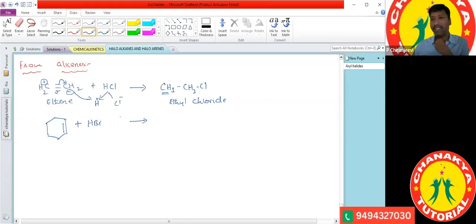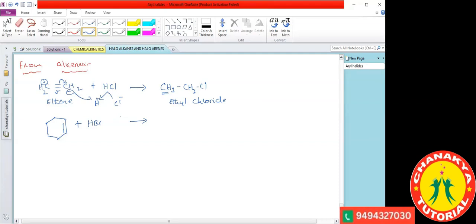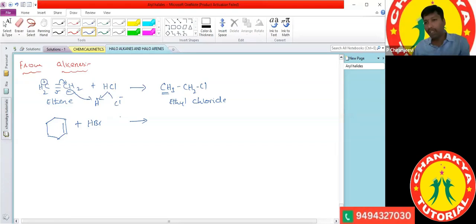If it is symmetrical, then what is the product formed? Sir, bromocyclohexane. Very good. So what is the name of the product? Bromocyclohexane. My simple logic: the double bond is present between the first and second carbon atoms.